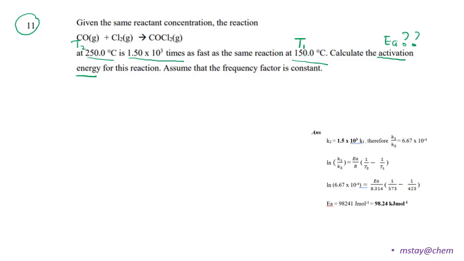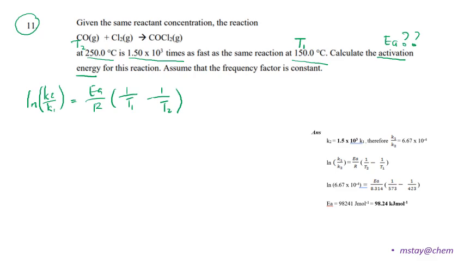So again, in this question, we have two different temperatures. That's why we are going to use the formula ln K2 over K1 equal to EA over R, 1 over T1 minus 1 over T2. But when we look at this question, it doesn't show us any value of the rate constant.